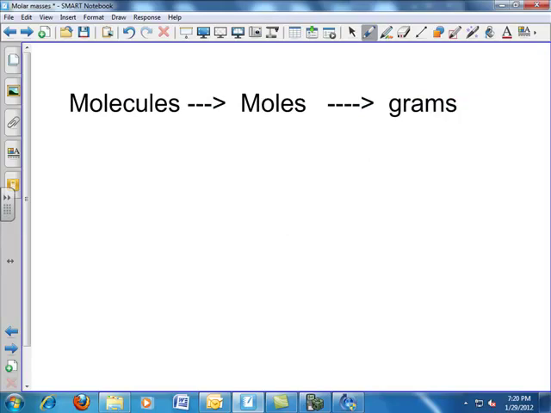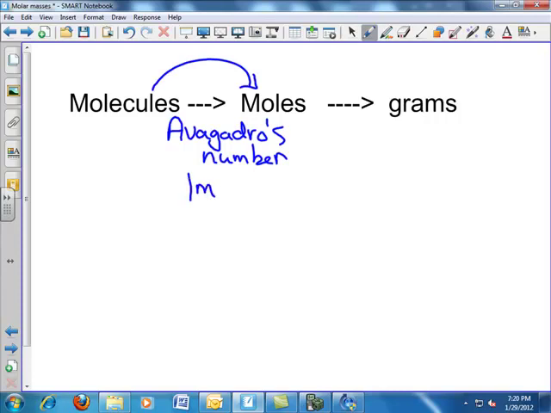Well, what is the number that allows me to go from molecules to moles? And hopefully you are saying, well, that's Avogadro's number. Except this time with Avogadro's number, when I'm going from molecules to moles, I'm going to be looking for moles, so my moles is going to become on top.